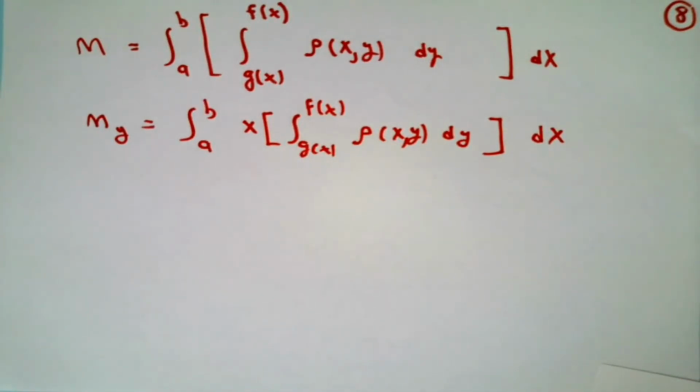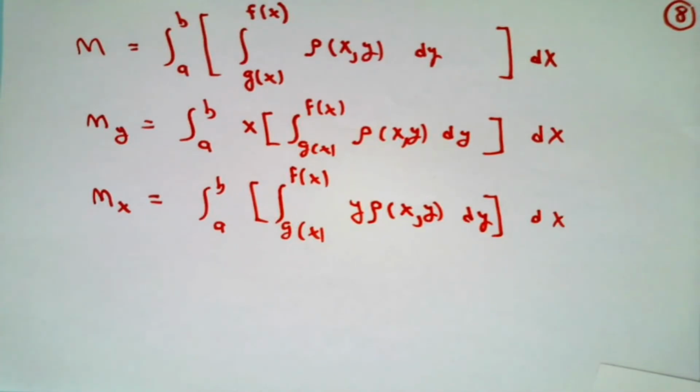And lastly, if I look at the moment about the x-axis, I'm going to add up the contributions over index i, take the limit as all of the delta x's tend to 0, and I find out that the moment about the x-axis of my entire region is this.